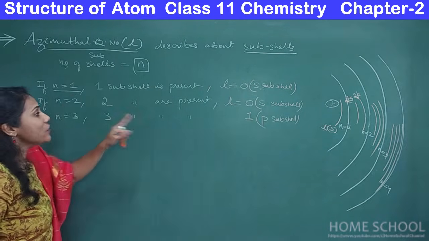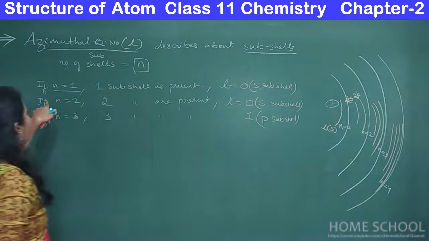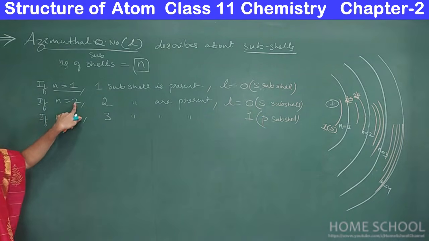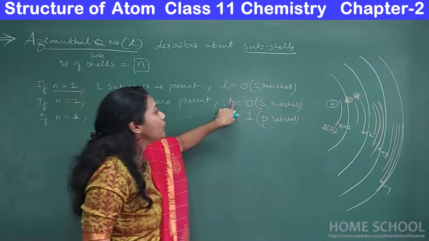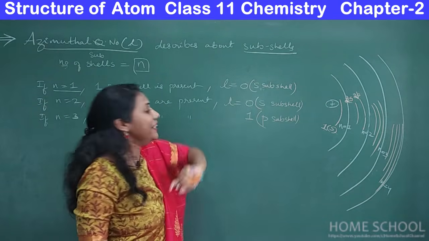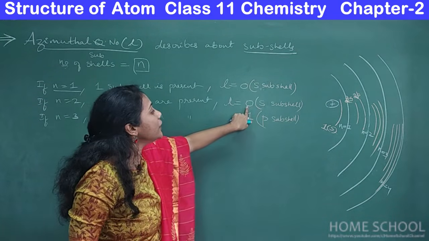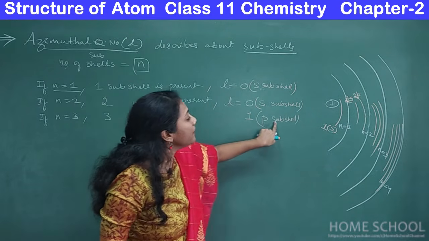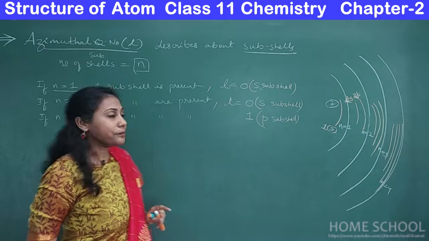These values are important, guys. What are the l values when n is equal to 2? The l values are 0 and 1. l equal to 0 means s subshell. l equal to 1 means p subshell.